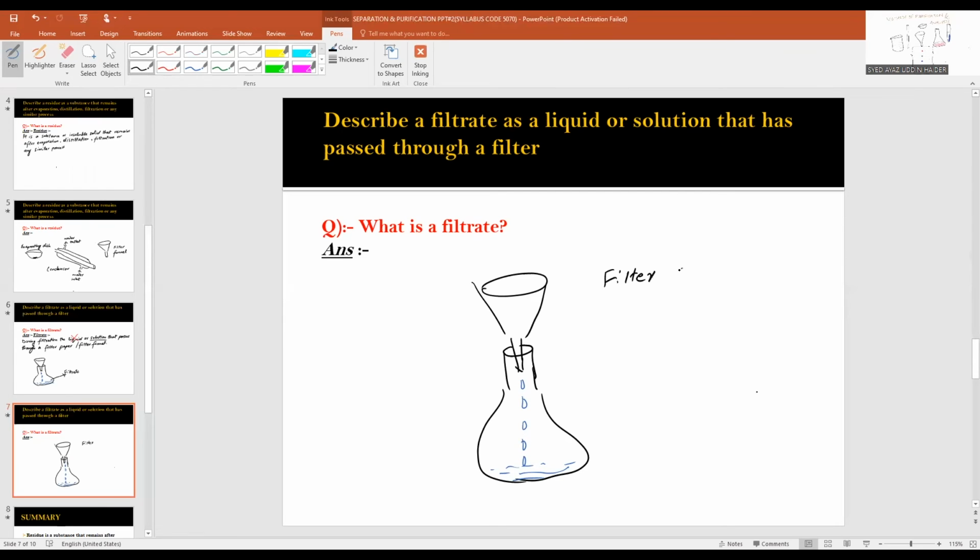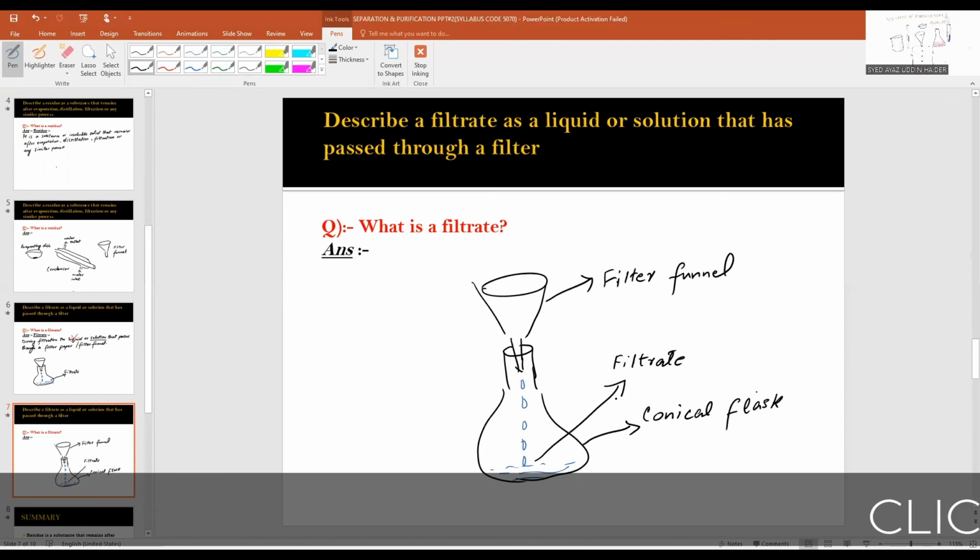Filter funnel, conical flask, filtrate. This is filter funnel, conical flask, and this one is filtrate.